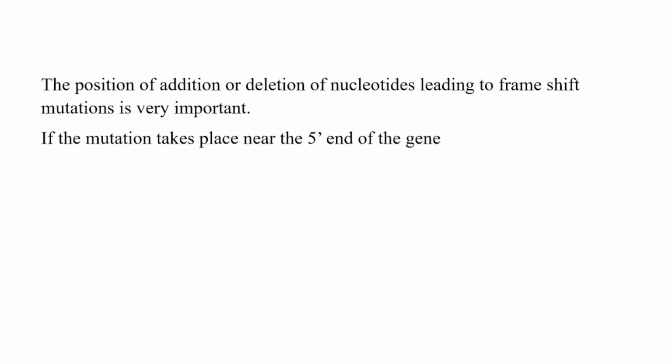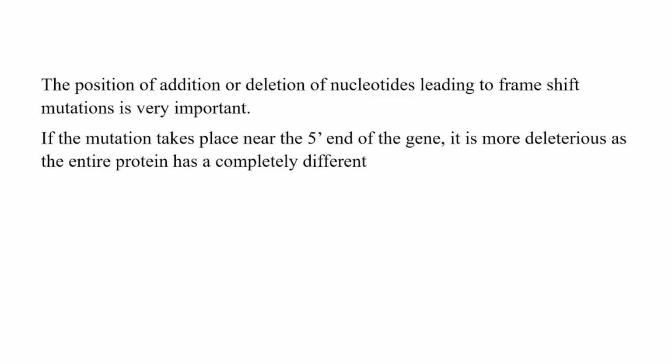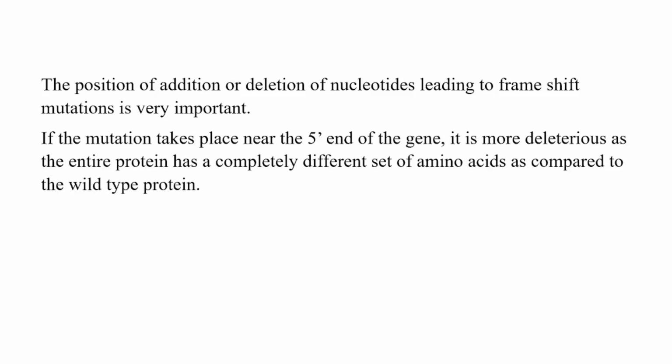The position of addition or deletion of nucleotides leading to frameshift mutations is also very important. If the mutation takes place near the 5' end of the gene, it is more deleterious as the entire protein has a completely different set of amino acids as compared to the wild type protein.